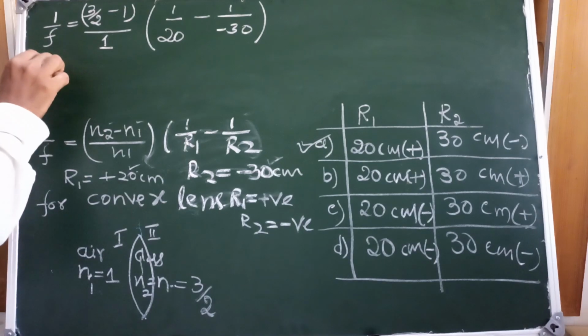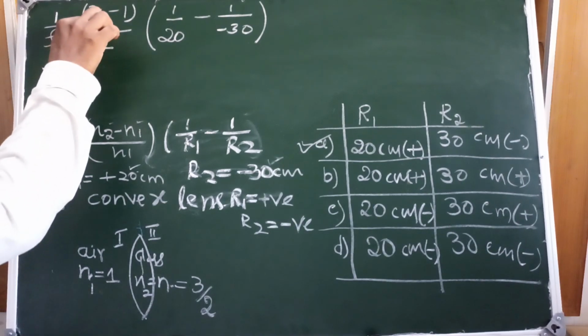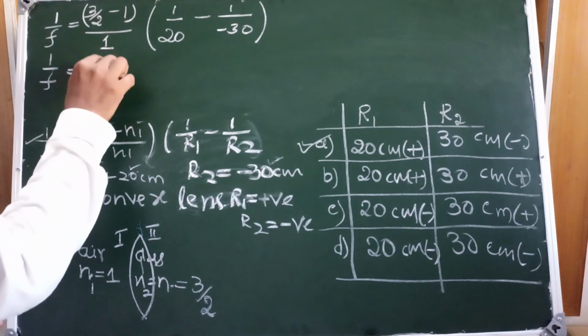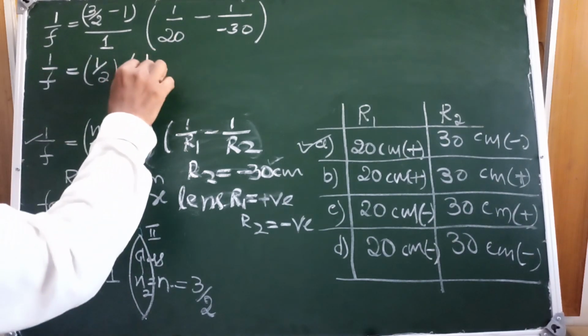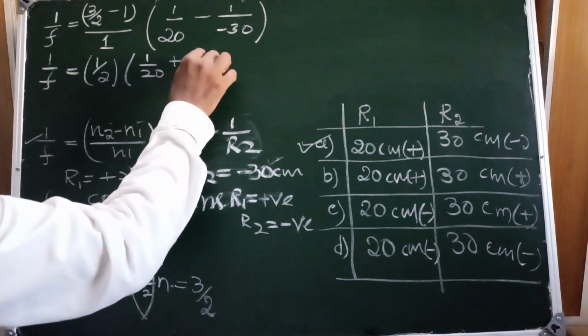If you substitute, 1/f is equal to 3/2 minus 1, which is half, multiplied by 1/20 plus 1/30.